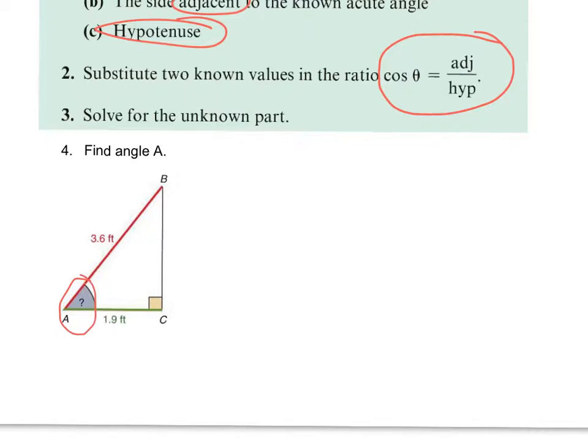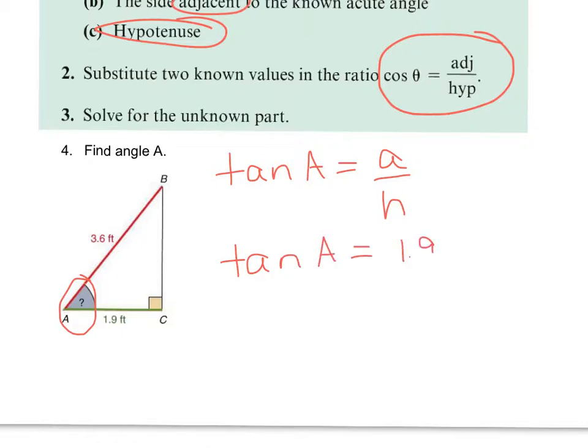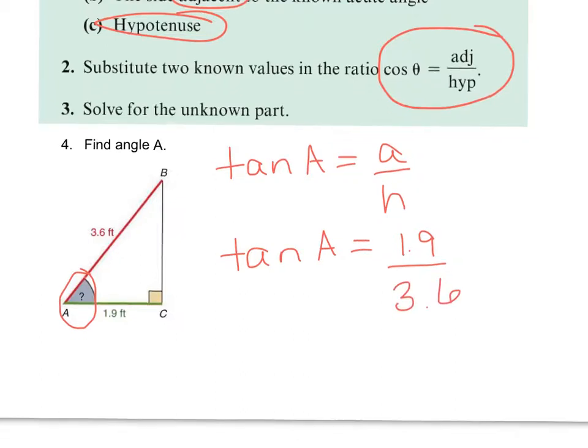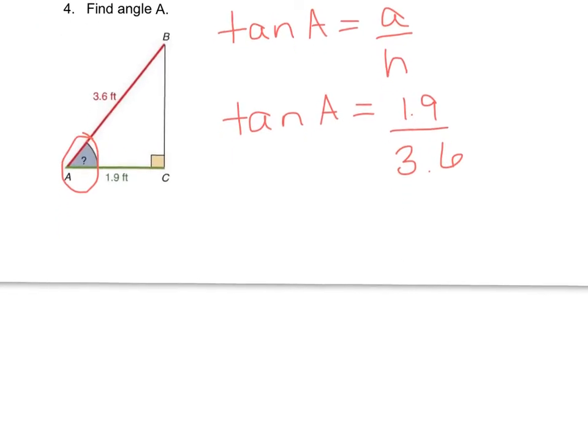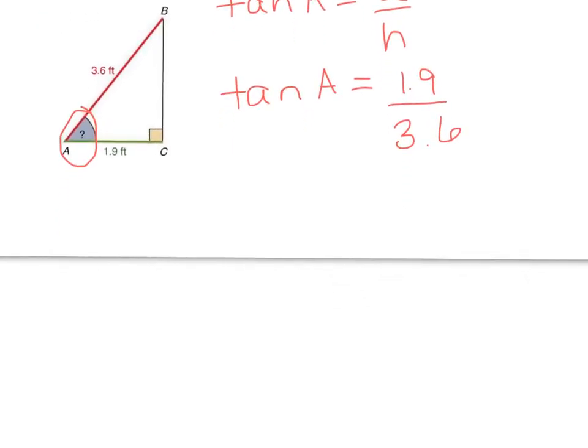So we know that the cosine of angle A is equal to the adjacent side over the hypotenuse side. So in this problem, our adjacent side is equal to 1.9 and our hypotenuse is equal to 3.6. Now, whenever you are looking for the size of an angle, you are going to need to use inverse trig.